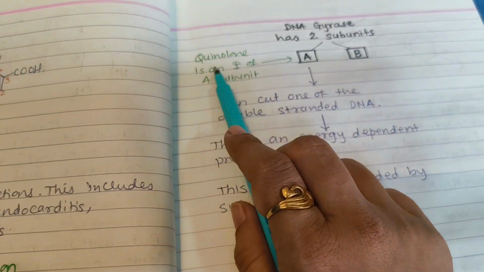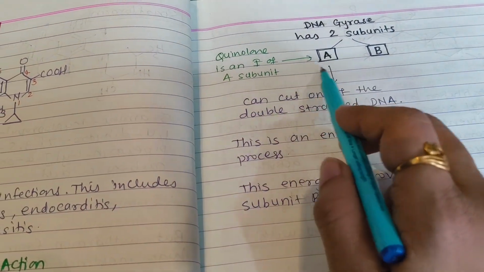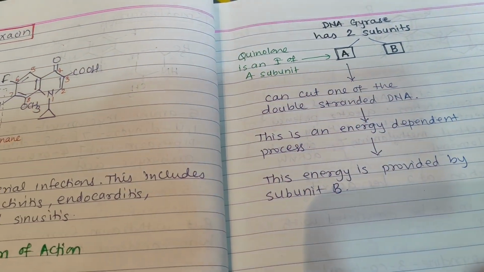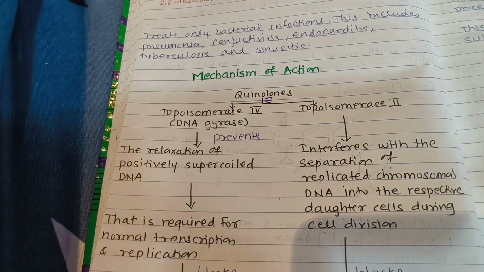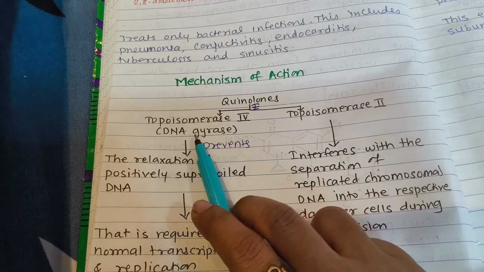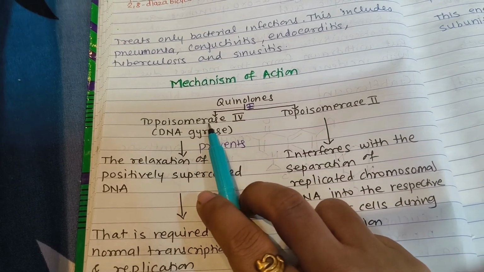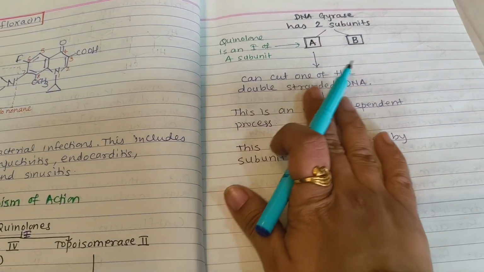Okay, but quinolones, they inhibit this subunit A of DNA gyrase. Okay, so mechanism of action of quinolones is inhibition of topoisomerase 2 and DNA gyrase, which is also called as topoisomerase 4. DNA gyrase has two subunits.